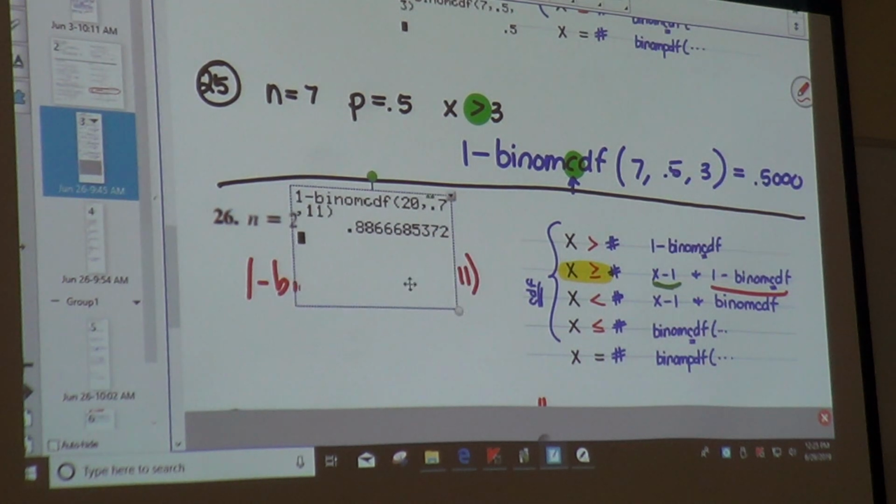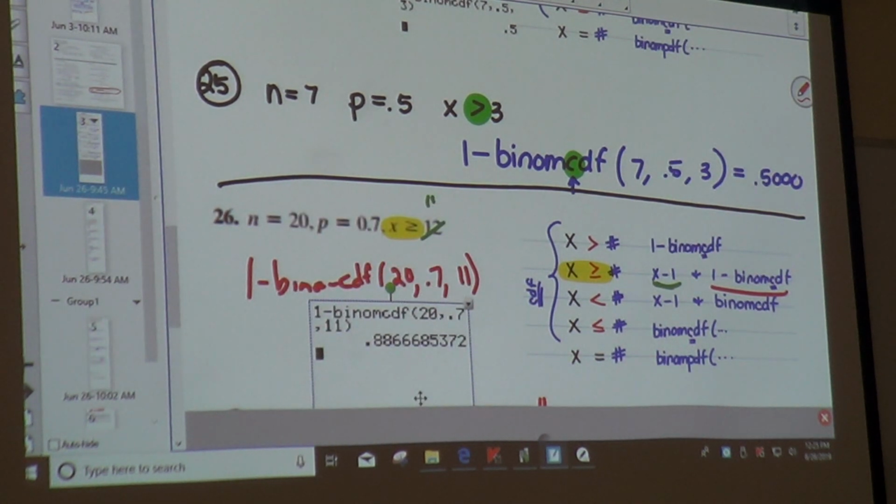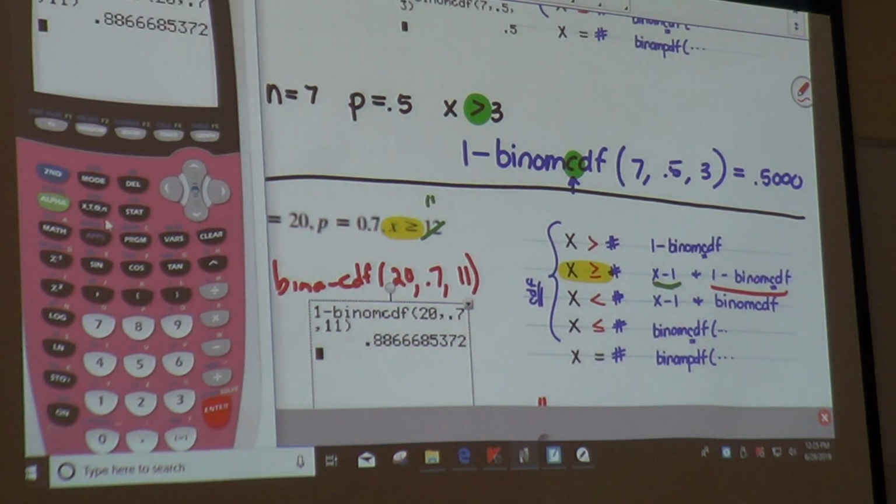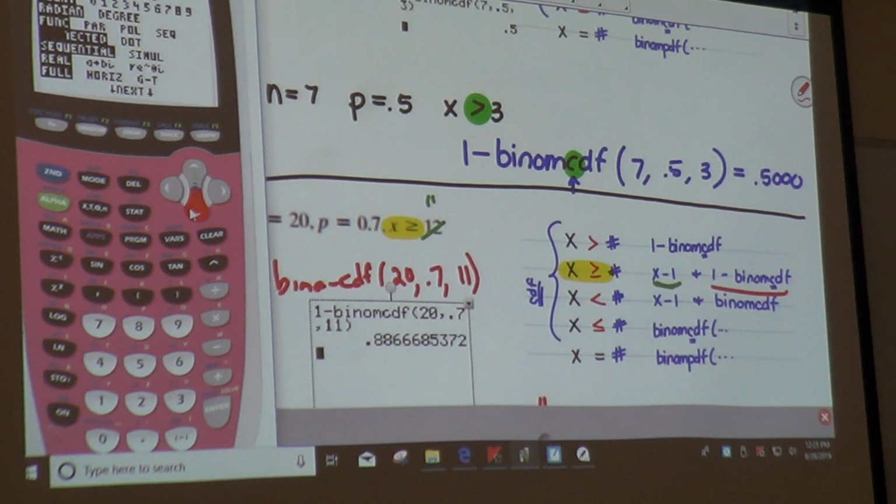Now, just to show you, and I'm not sure how your calculator will be.